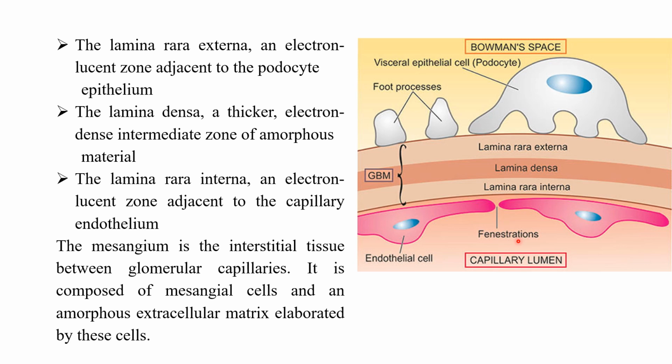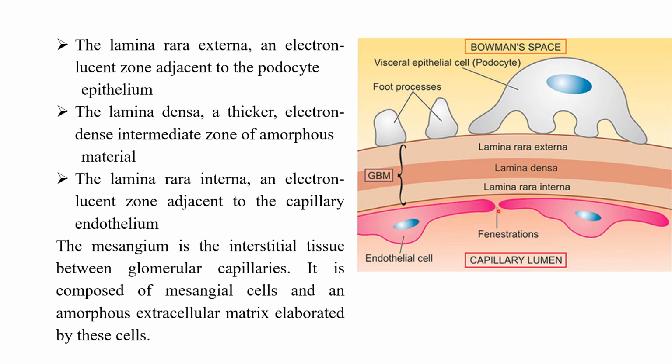So on both sides you have lamina rara, but the lamina rara externa and interna are classified based on the position of the layer. If it is present towards the outside, it is called externa. If it is present towards inside, then it is called interna.